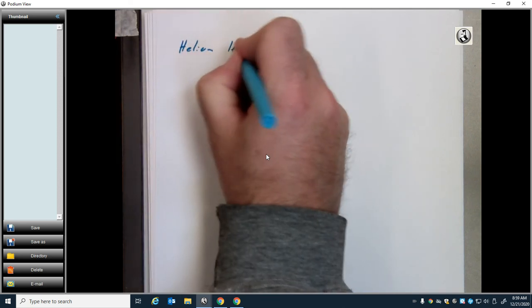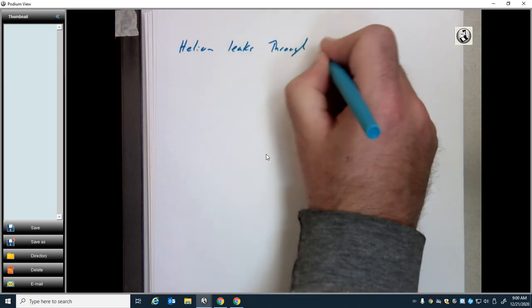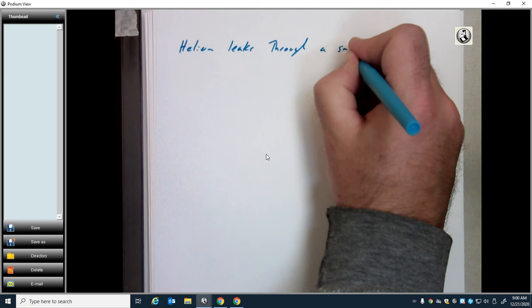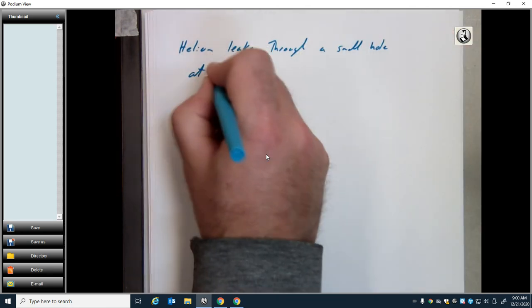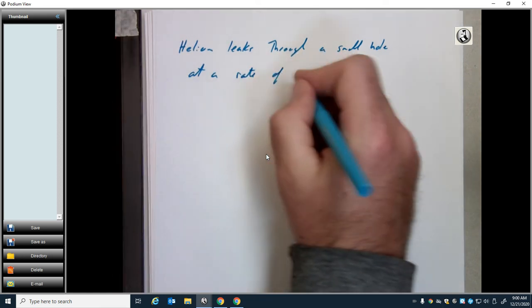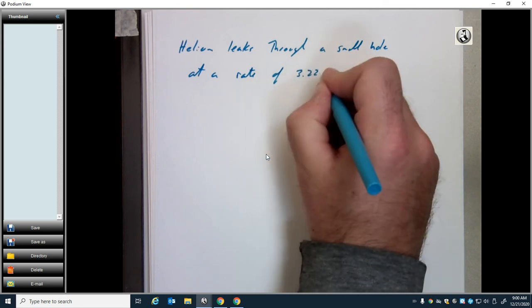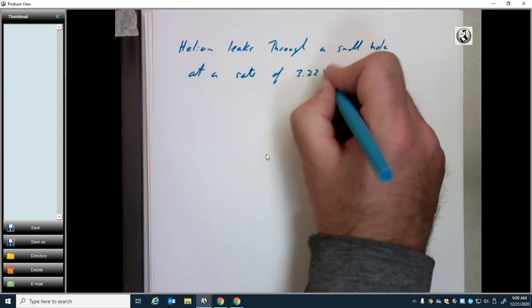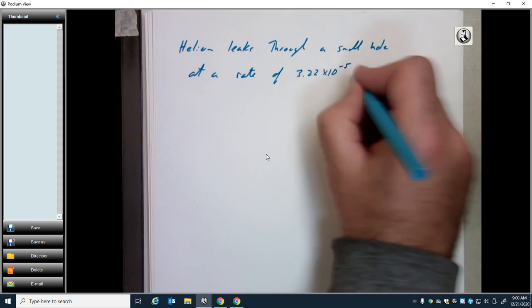Helium leaks through a small hole at a rate of 3.22 times 10 to the minus fifth moles per second.